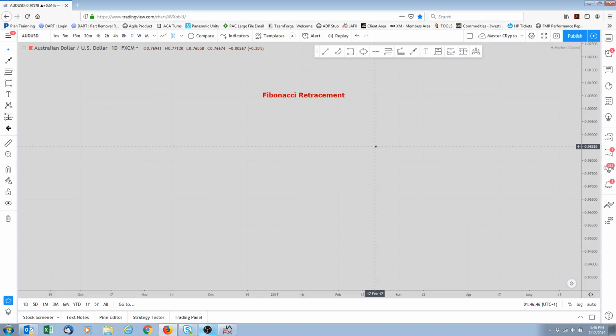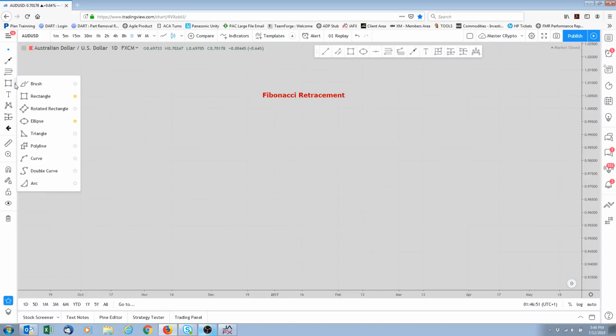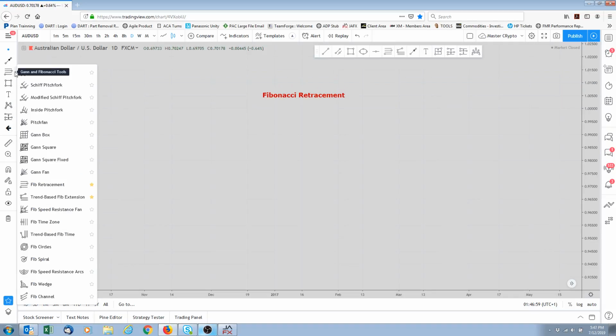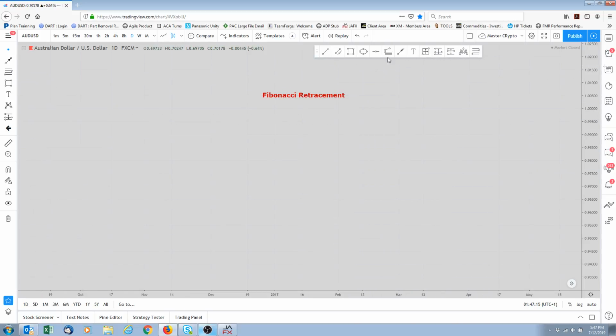Anyways, so Fibonacci retracement. If you haven't favored it yet, let me just find it. I think it's here. Okay, so if you go to this tool right here, and if you hit this little arrow here, Fibonacci retracement, we don't need extension, just make sure this is clicked right here, Fibonacci retracement, and then it'll show up right here.